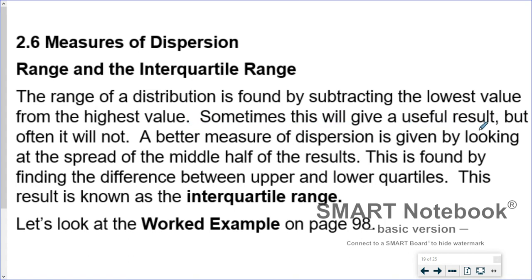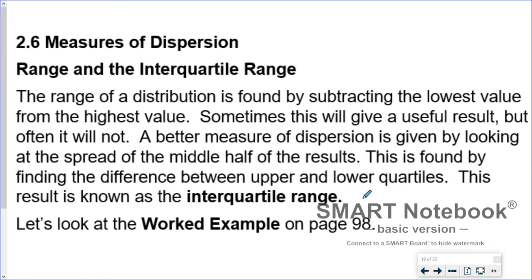Sometimes this will give a useful result, but often it will not. A better measure of dispersion is given by looking at the spread of the middle half of the results. Basically, that's because it will exclude any outliers that could skew your data. This is found by finding the difference between the upper and lower quartiles.